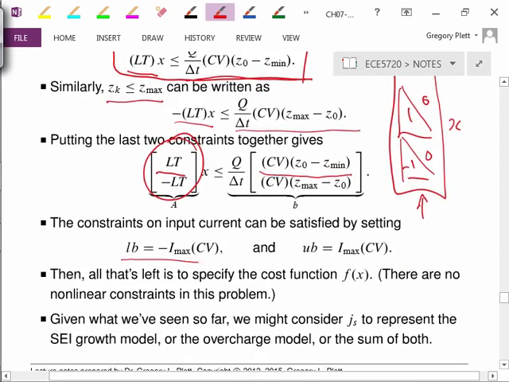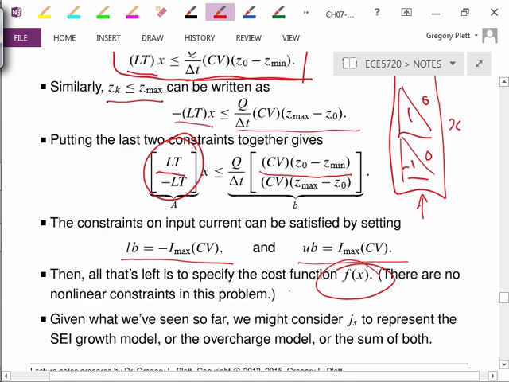We have that the lower bound is equal to negative Imax times a column vector of 1s, because I have to specify a lower bound for every value of current. And the upper bound is Imax times a column vector of 1s. So that will allow us to satisfy the constraint on current. And all that's left is to give a cost function.